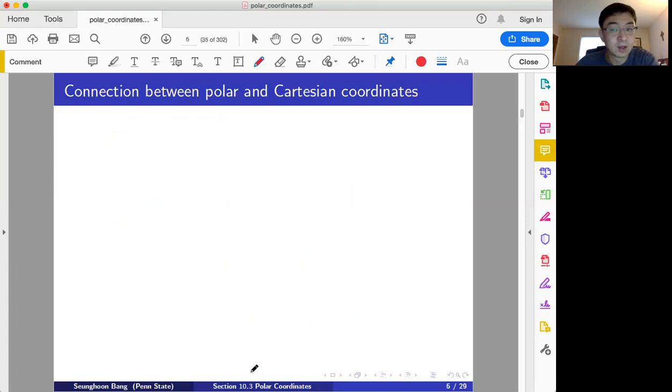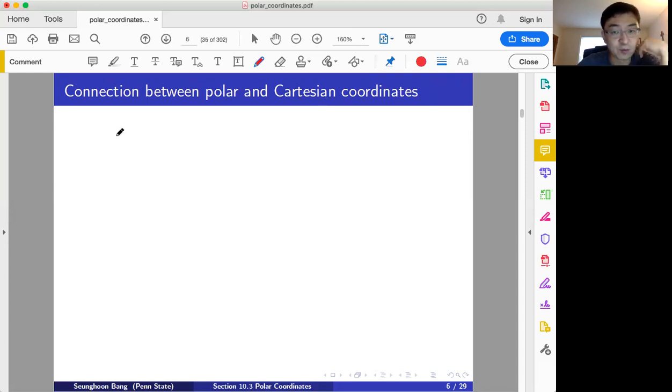The next thing, we think about the connection between polar and Cartesian coordinates. We have the polar coordinate and the Cartesian coordinate. First one, do you know what a Cartesian coordinate is? Yes, you're right, the x and y.